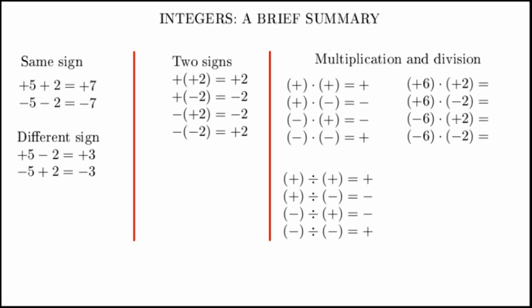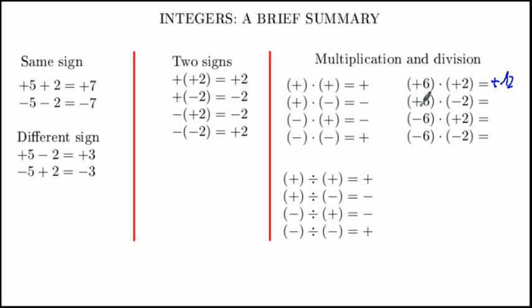For example, let's do these operations. Plus 6 multiplied by 2, or plus 6 times plus 2. The result is, in that case, plus, and we have to multiply, as we know, 6 times 2 is 12. So plus 12 is the result.